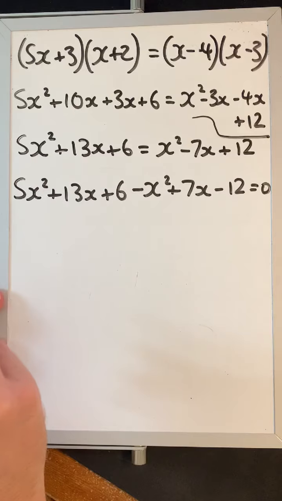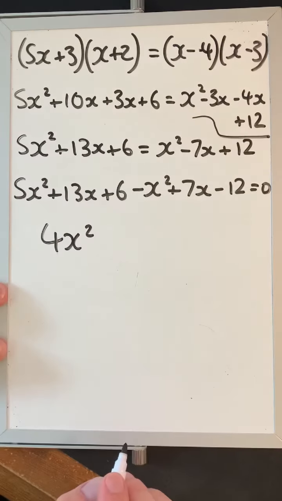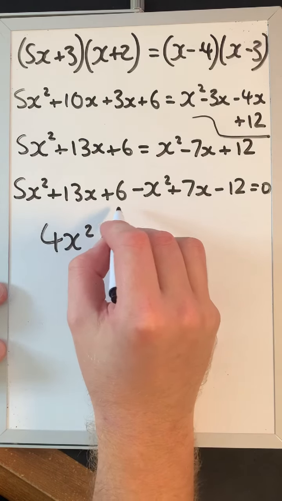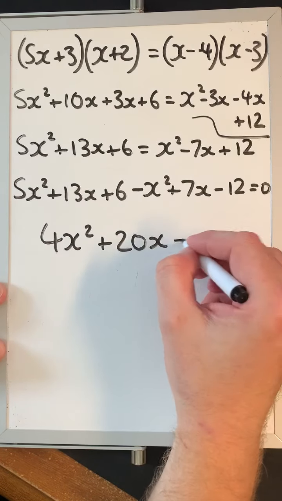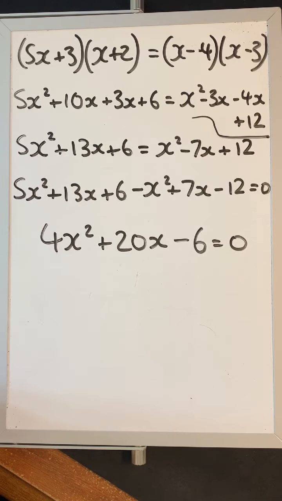So 5x squared minus x squared will give us 4x squared. 13x plus 7x will give us 20x. And 6 minus 12 will give us minus 6 equals 0. So this is now the quadratic that we want to solve by the quadratic equation.